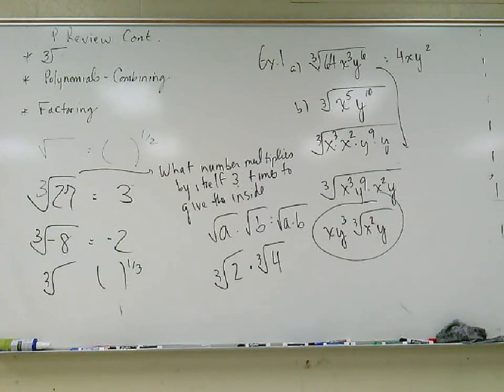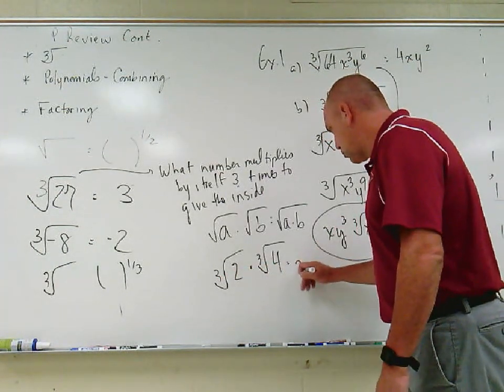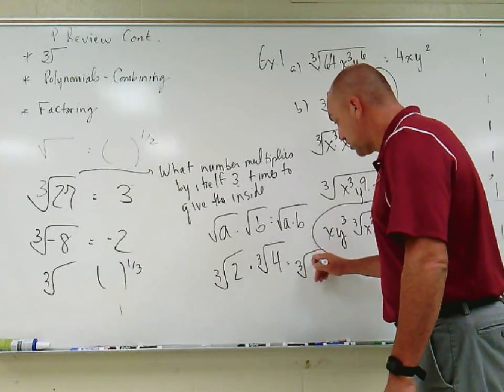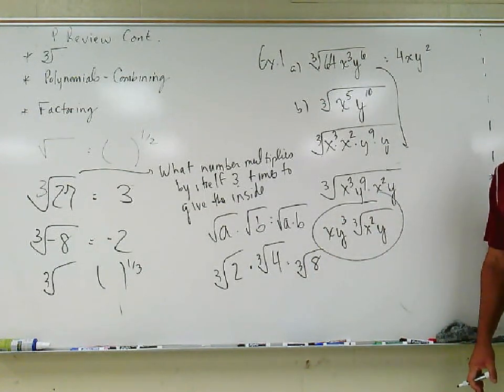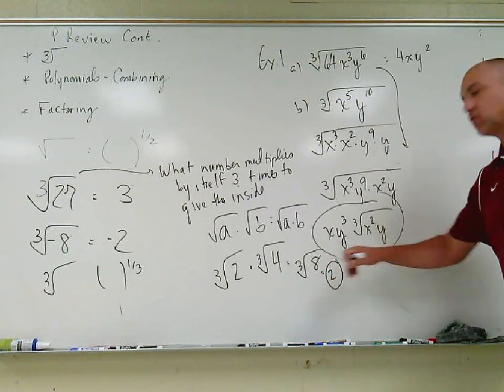I don't know cube root of 2. Does anybody know cube root of 2? I don't know what it is. However, if you make it one cube root, it's cube root of 2 times 4, which is 8, and now you can answer it. What's the answer? 2. So it's good to know those rules.